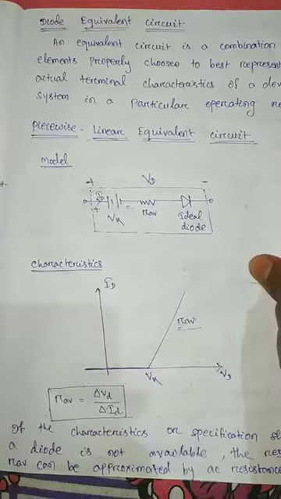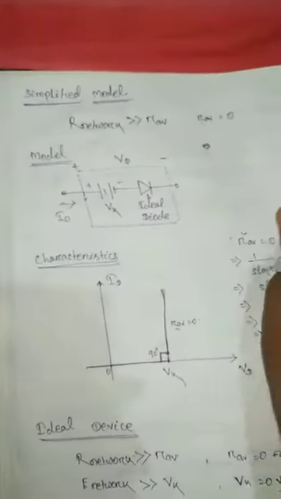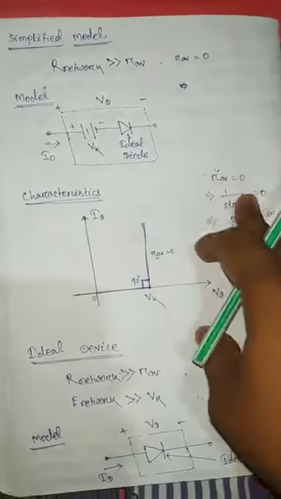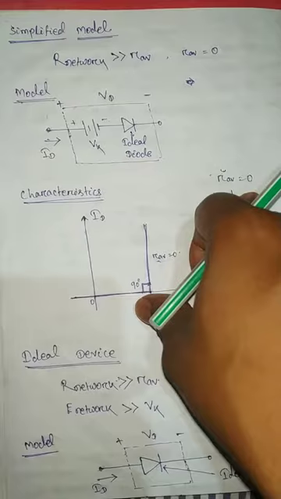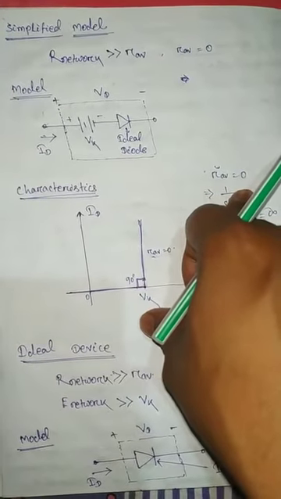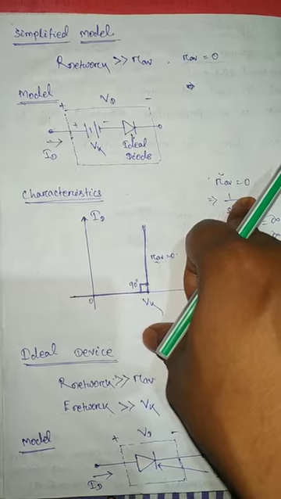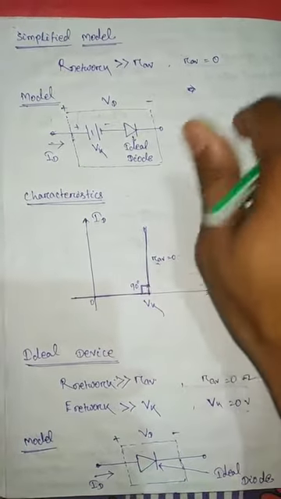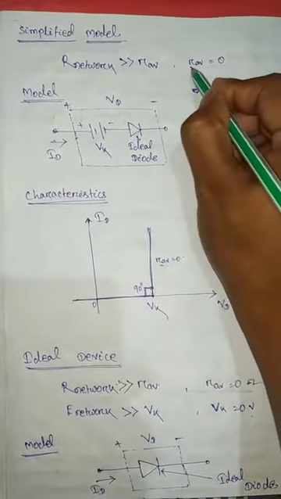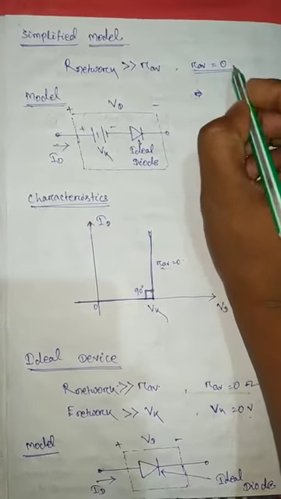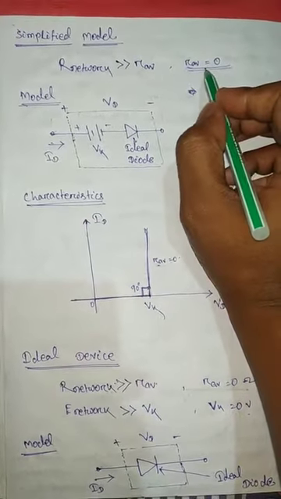Now let's come to the second model, the simplified model. Here we make two assumptions: first, as in the previous model, the curve is linear, although there is some non-linearity, and second, the average resistance of the diode is 0. Why do we take the average resistance as 0?